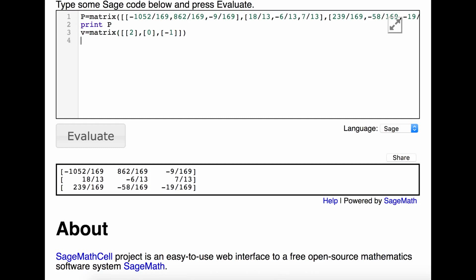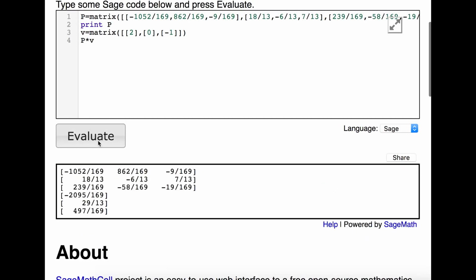Then all we have to do is multiply. So we have P times V, and there it is. Those are the coordinates with respect to C for the same vector.